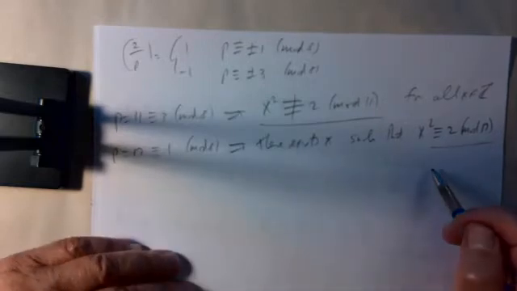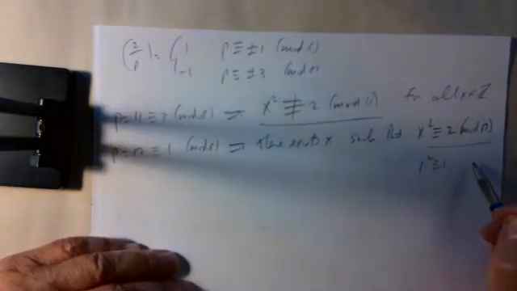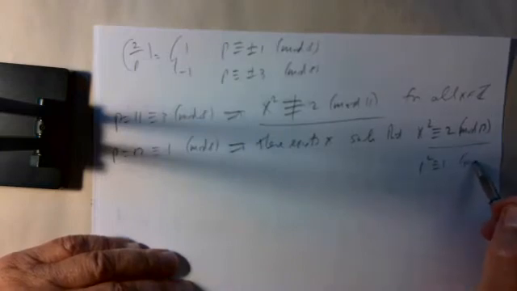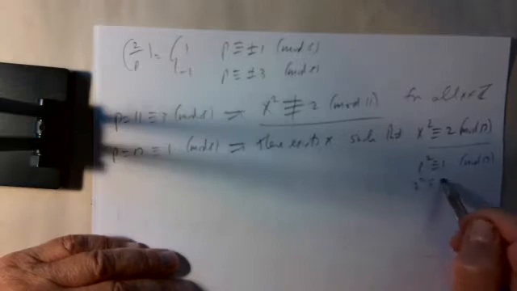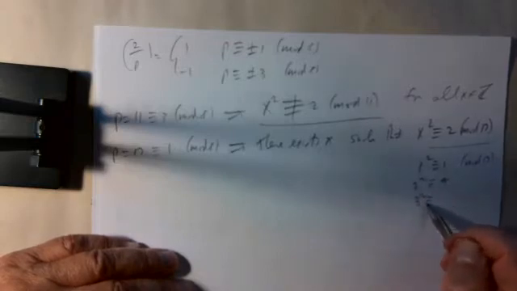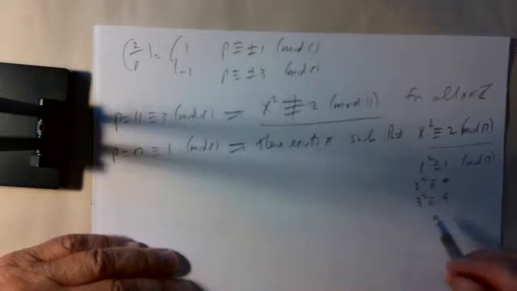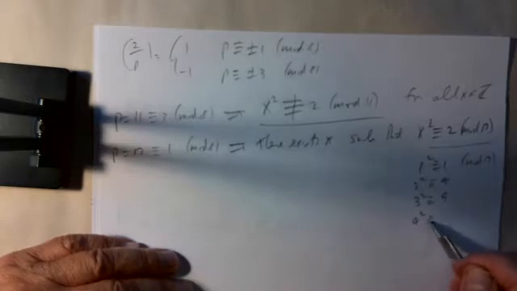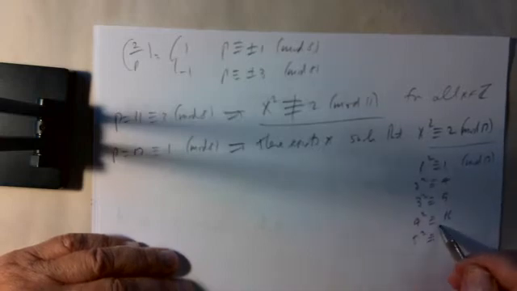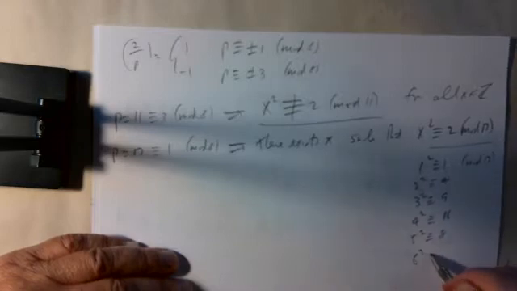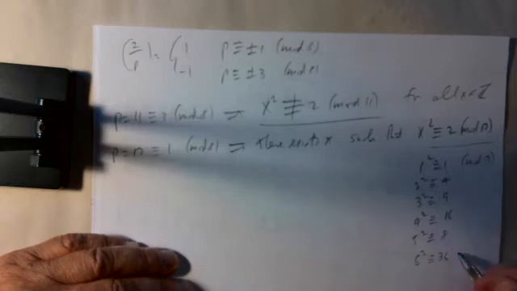Let's just do it the hard way. 1 squared is congruent to 1. I want to get 2 on this side. 2 squared is congruent to 4. 3 squared is congruent to 9. 4 squared is 16, congruent to 16. 5 squared is 25, that's congruent to 8. 6 squared is 36. 2 times 17 is 34.